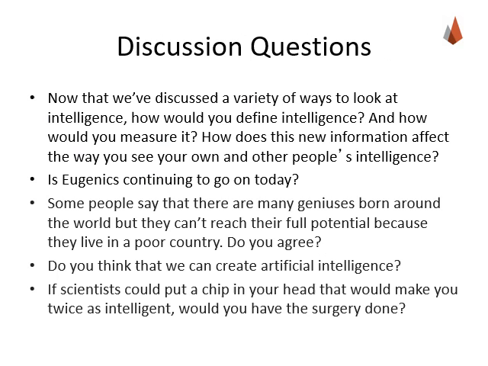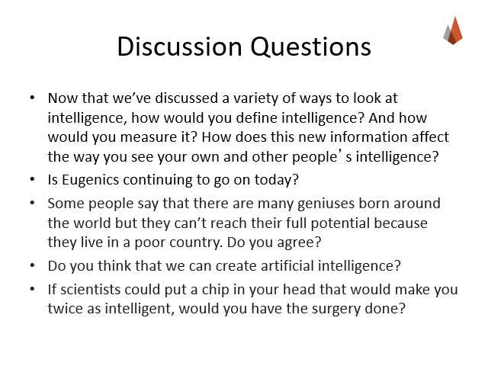So that's that. Now that we've discussed intelligence, you have some additional questions, some of which I already kind of answered in this lecture. How would you define intelligence? How would you measure it? I covered that. Is eugenics going on today? I covered that a little bit too, at least as of 2021.